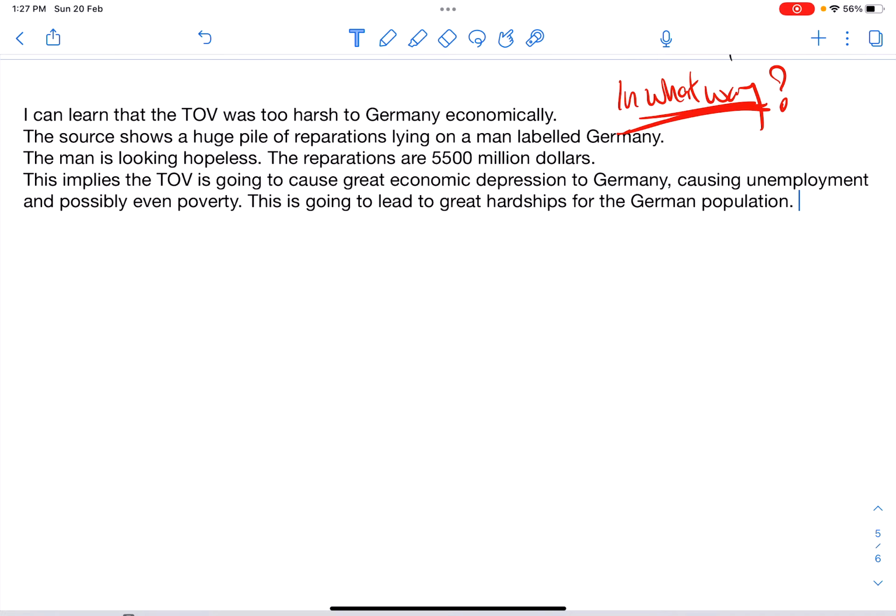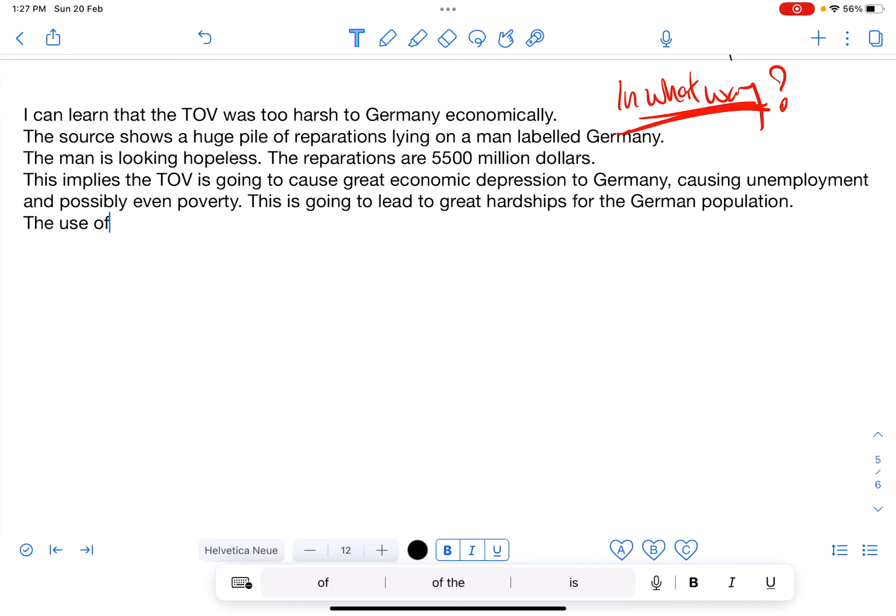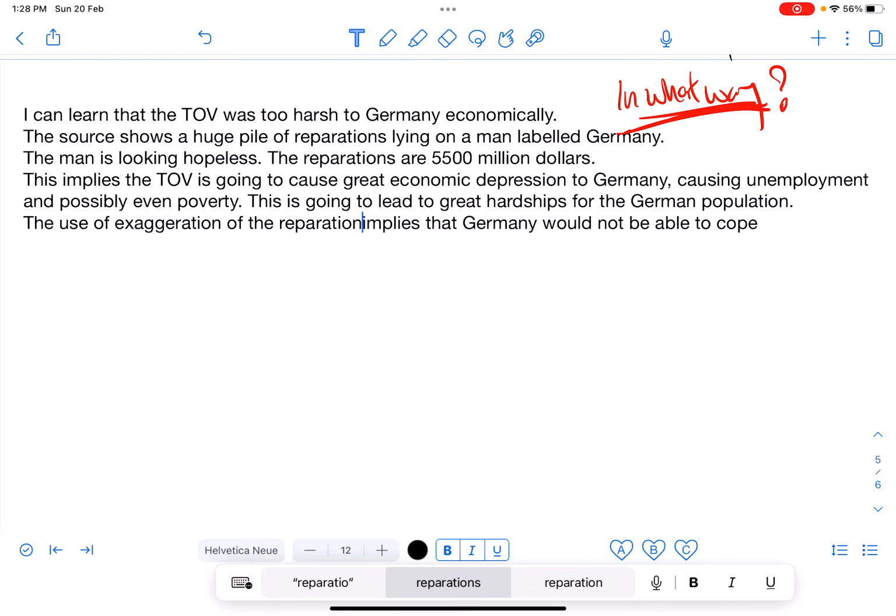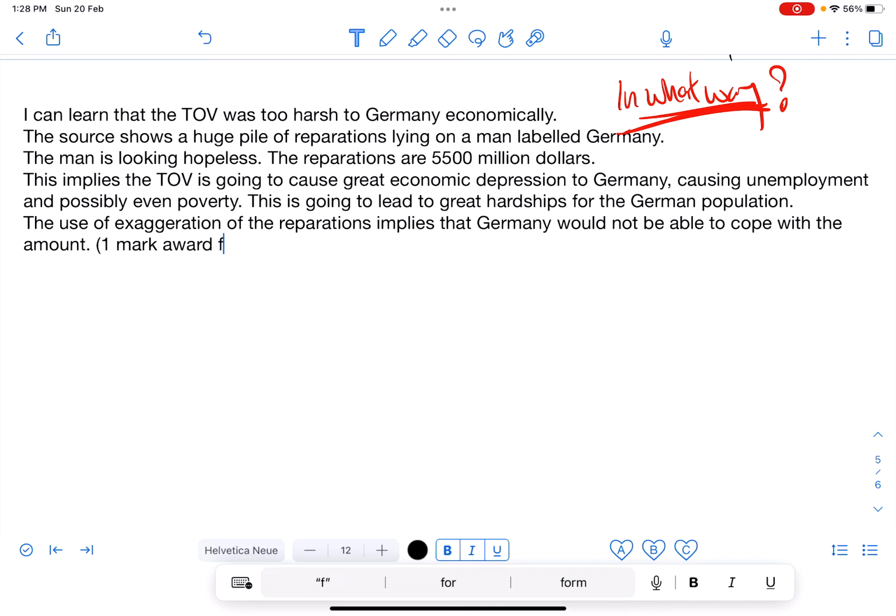The use of exaggeration implies that Germany would not be able to cope with the amount. Okay, what did they exaggerate? They exaggerate the reparations. So that's it for my explanation. If you're done here, this is quite good already. This will get you 1 mark away from the maximum.